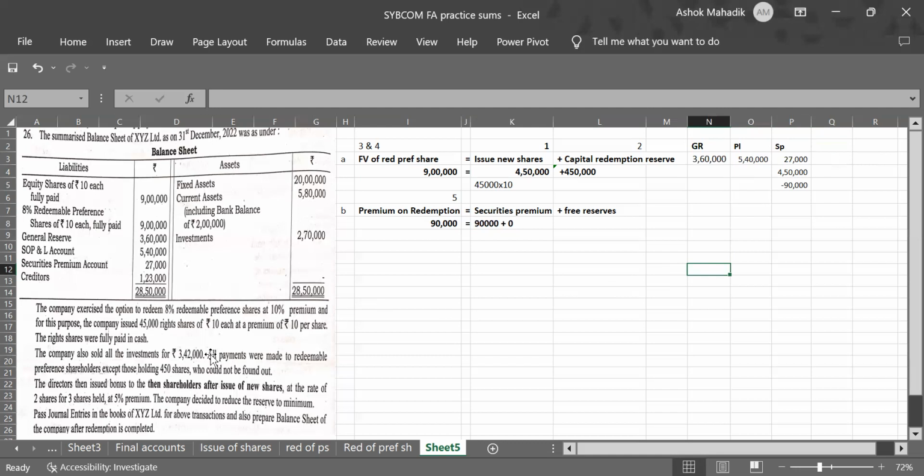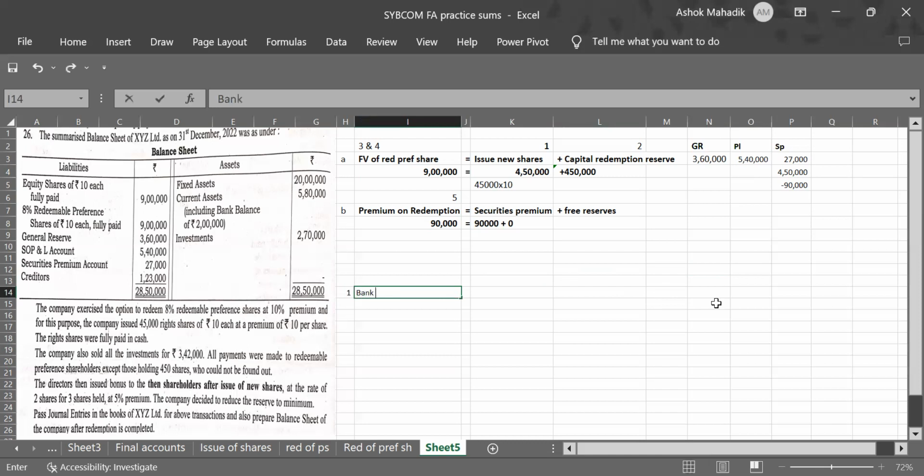The second paragraph says that we have sold investment which was there in balance sheet of 2,70,000 for 3,42,000. Okay, so we have made some profit. So what I'll do, I'll start with the journal entries, alongside we are solving the sum. So first entry for sale of investment, you're receiving money, right?